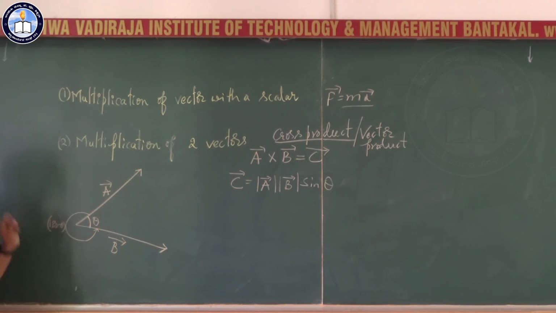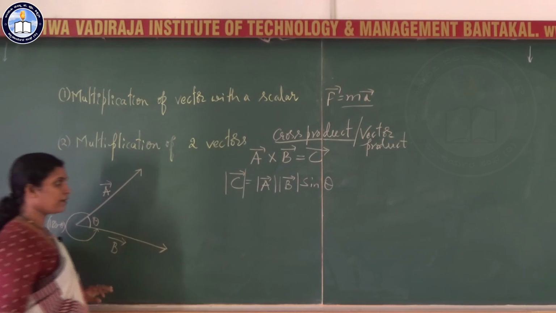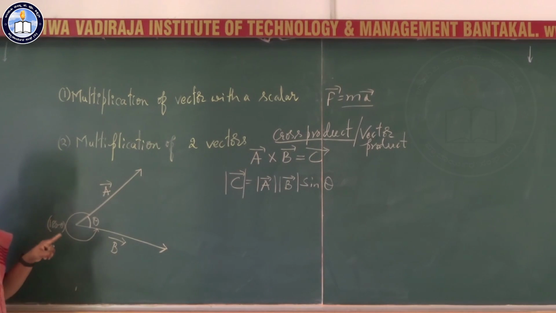You should take the smaller angle between the two vectors, this theta. So, the magnitude of C vector equals magnitude of A vector into magnitude of B vector into the sine of the smaller angle between A vector and B vector.